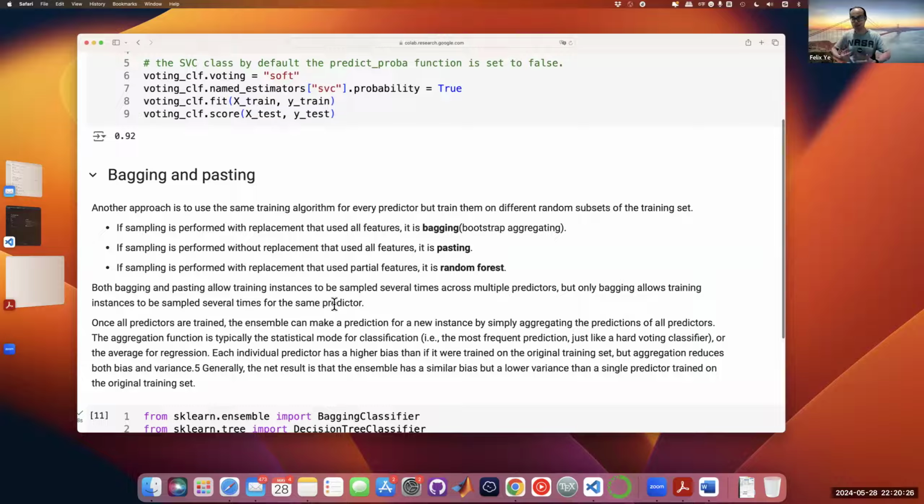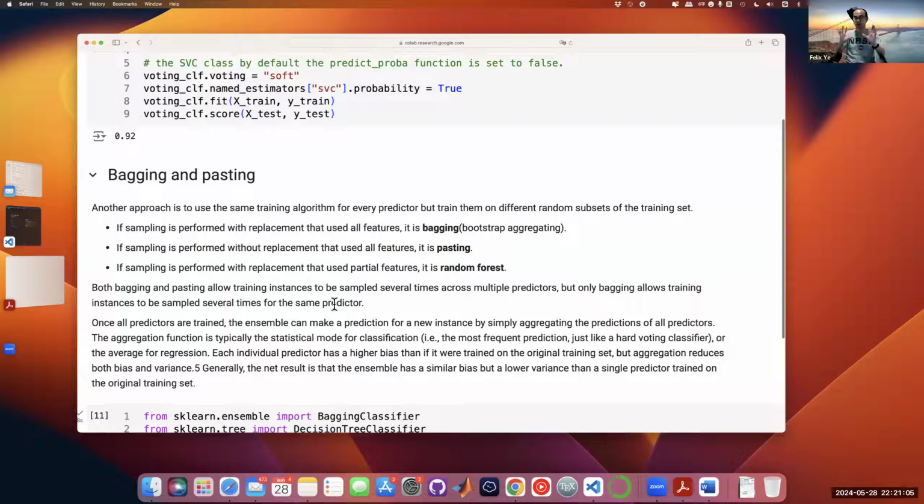Okay, so on the next topic, here we were talking about voting, where we have different models applied on the same data set. But can we change things a little bit? We can use the same model, but train on a different random subset of the training set. So basically it's a different level of randomness.